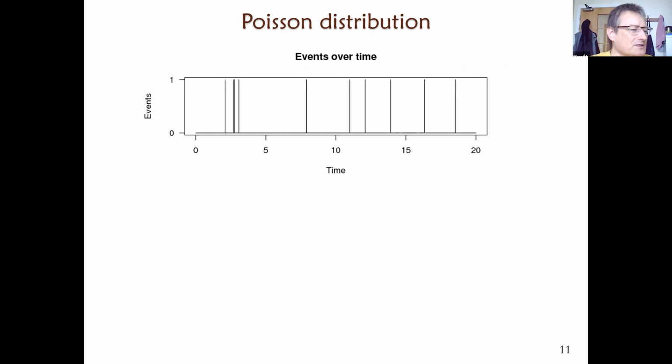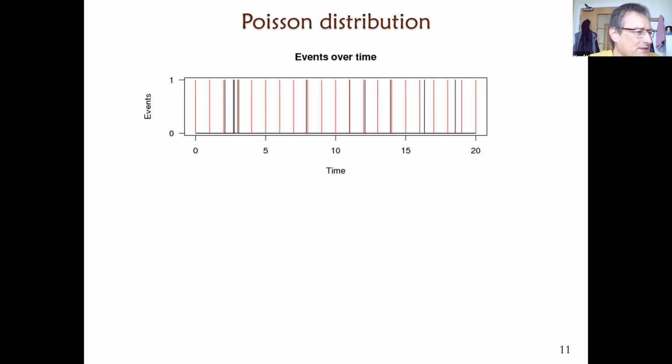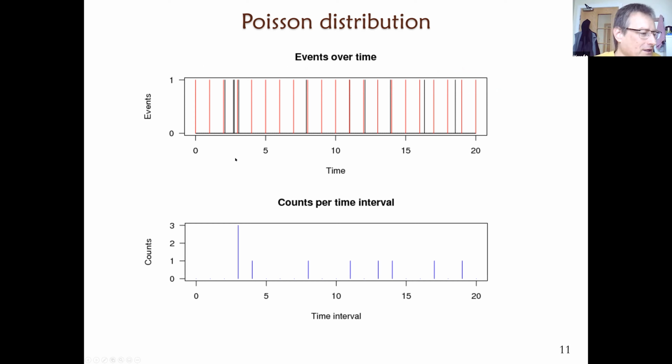So here are the events over time. They occur randomly, but the probability of them occurring per time interval is constant. If you overlay this with a grid, you can count the number of events per interval: 0, 0, 3, 1, 0, and so on, and plot that down here.